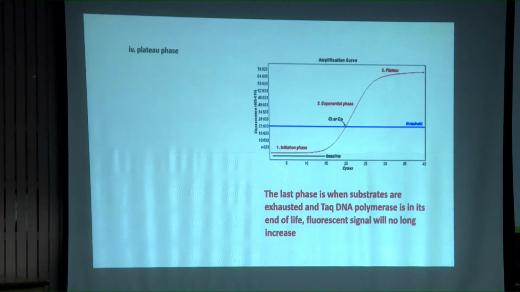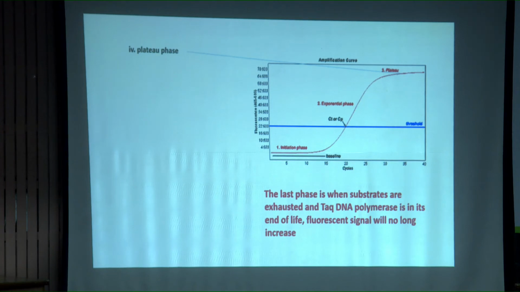And of course, it reaches a stage where the reaction cannot sustain this forever because there is a resource crunch: there are no dNTPs, there are no probes available, there is no dye available, the enzyme lost its activity, right? Then comes a stage called plateau. Right? This is a typical sigmoid curve, what we find in every biological system. Right? You would find the same sigmoid curve if you grow bacteria, right?